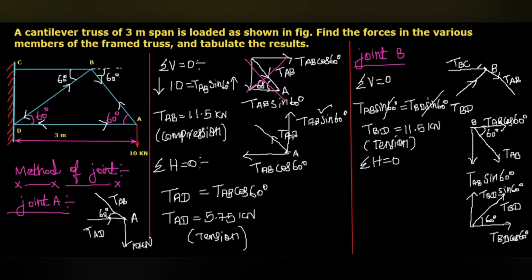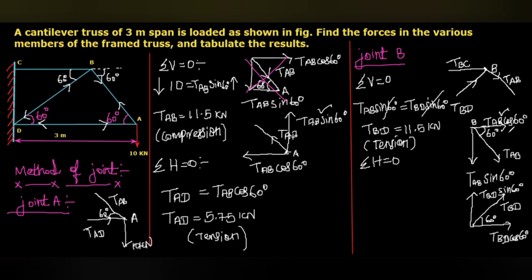TBC is a horizontal force, that is direction-wise unknown, magnitude also unknown. TBD is one inclined force, so we have a resolved horizontal component TBD cos 60, that is towards the right side. TAB is also an inclined force, so the horizontal resolved component TAB cos 60 is also horizontal.